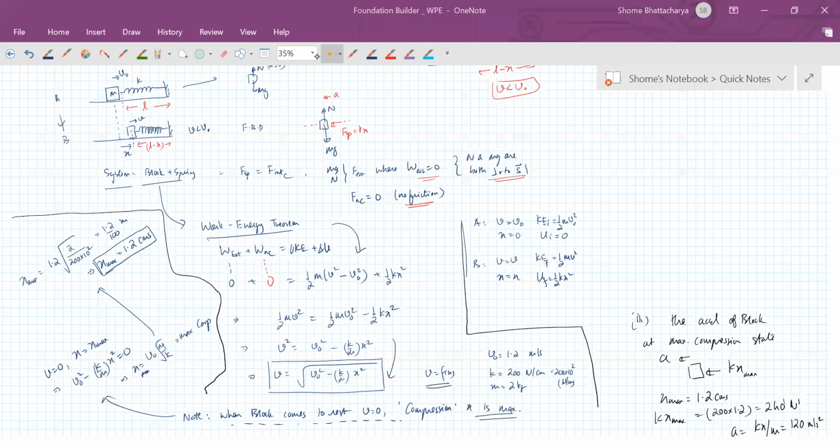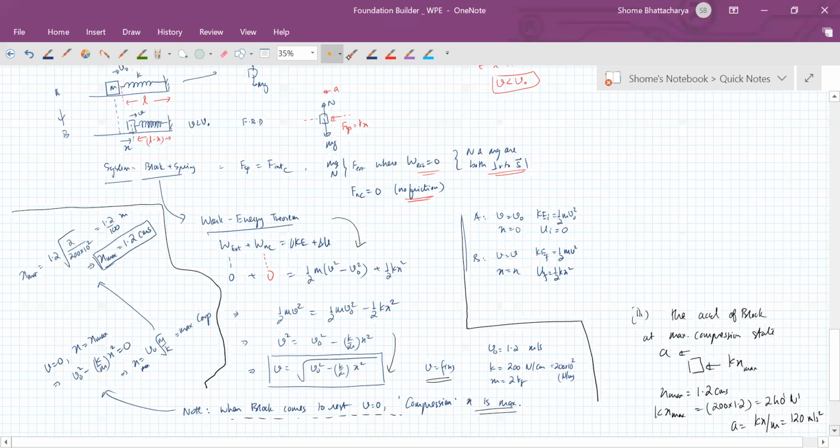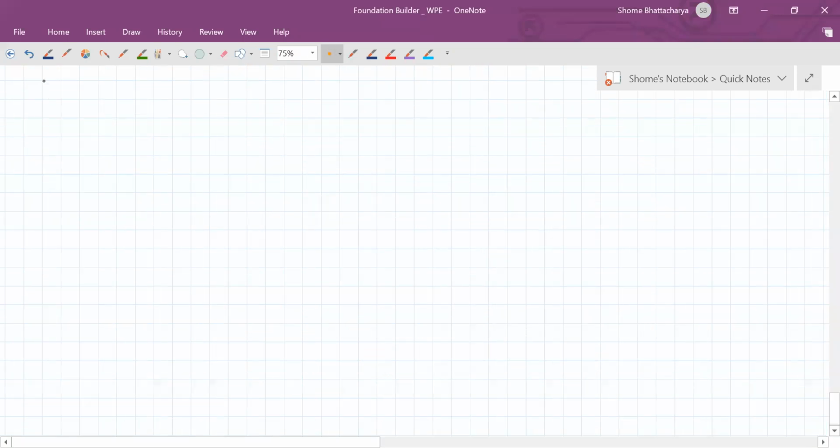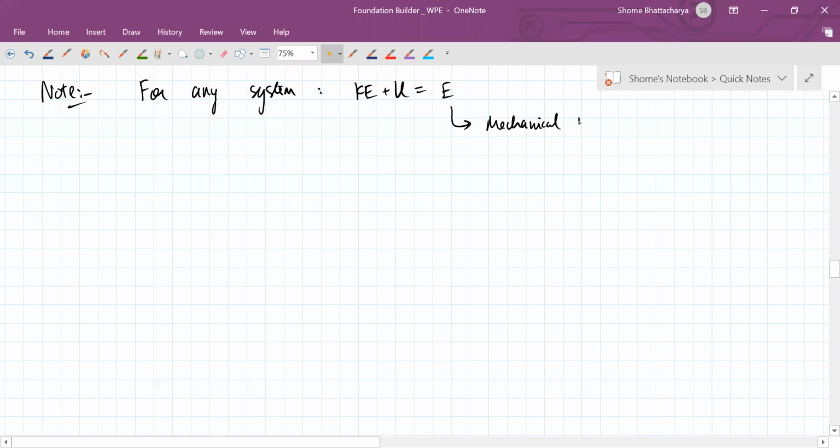Okay. So this was an example of what we call conservation of mechanical energy, because for any system, the sum of kinetic energy plus potential energy is called the mechanical energy. Okay.